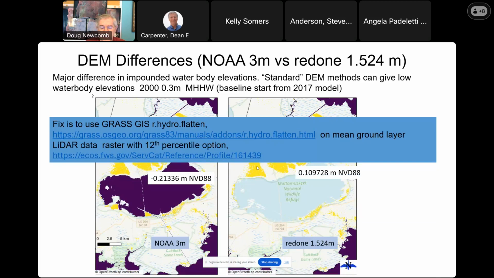This add-on here that Dr. Anna Petrosova at NC State has written, and I've validated it with about 24 water bodies with USGS gauges nationwide to find out that the 12th percentile option for that run will give you the most accurate to date estimation of what the water level actually is at the time LiDAR is flown.